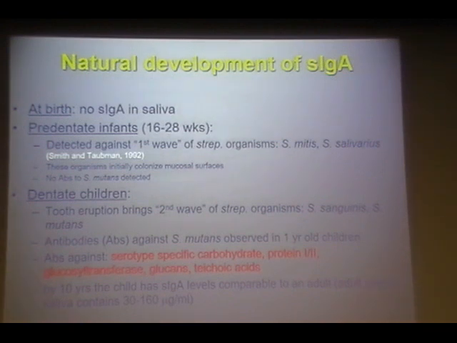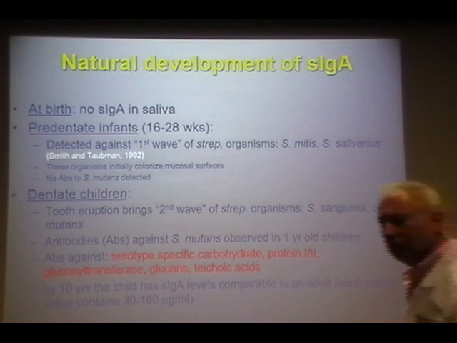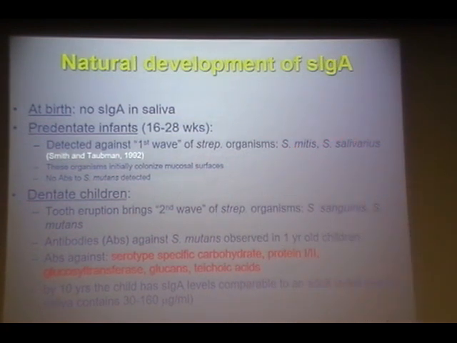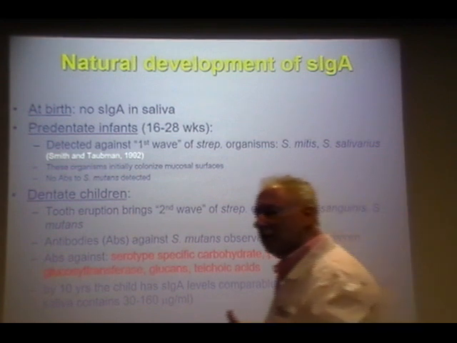These are important organisms that bind to mucosa, soft tissue. Streptococcus mitis, Streptococcus salivarius. And there are no antibodies to strep mutans. Zero. Why do you think that is?